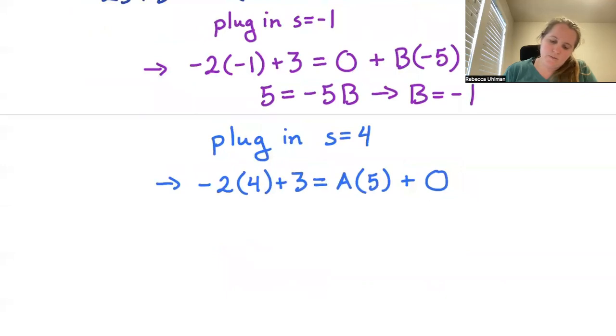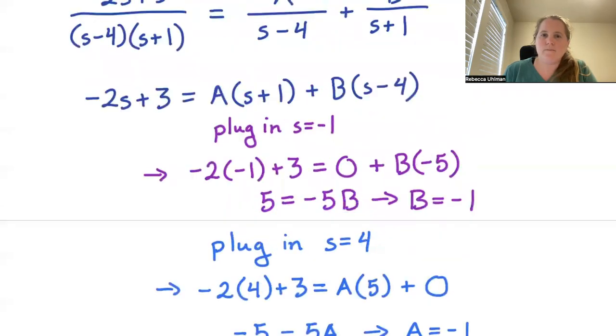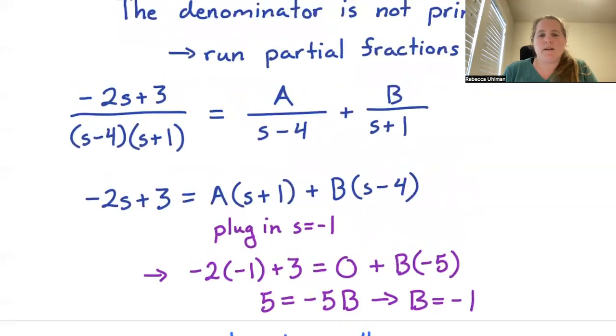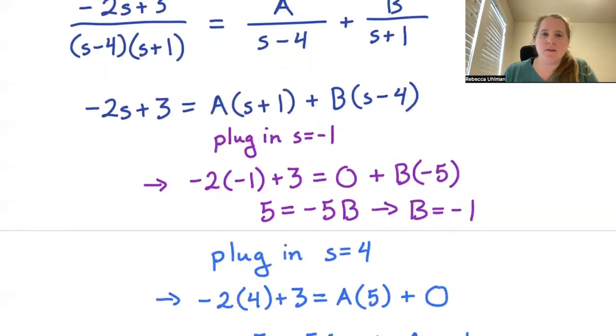So negative 2 times 4 is negative 8, plus 3 is negative 5. This is equal to 5A, and again we get that A is equal to negative 1. So just checking, negative (s plus 1) minus (s minus 4) does give us the numerator we were looking for.